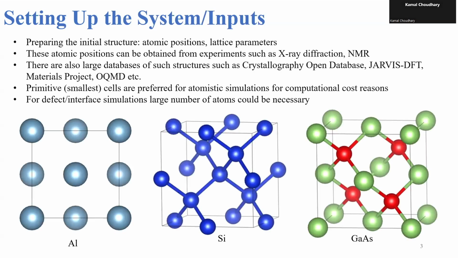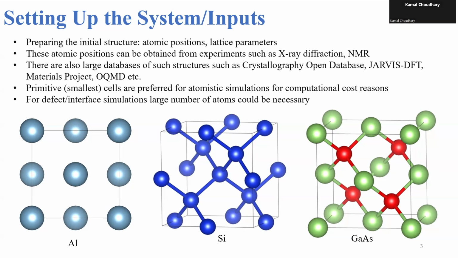Before running any software or multi-scale modeling software, it is important to understand what the input and the output of these calculations are. For atomistic simulation, such as density functional theory calculation, we need atomic structure information. That means atomic positions and lattice parameters.